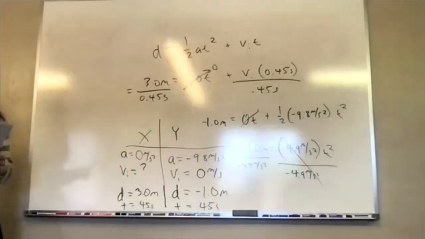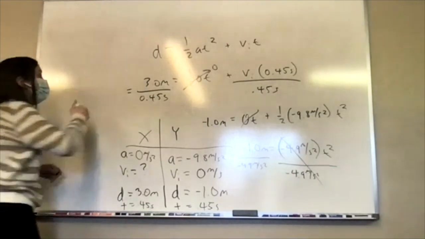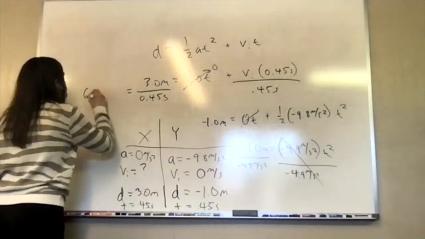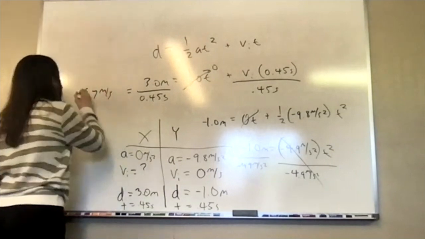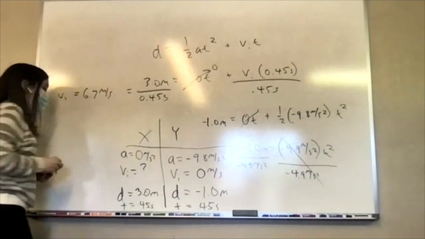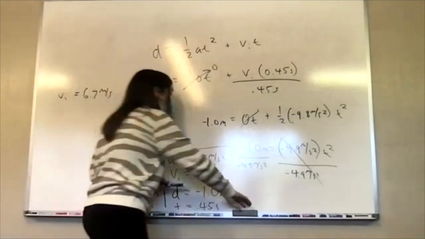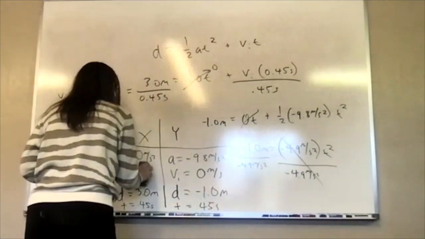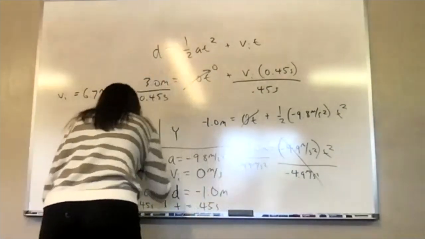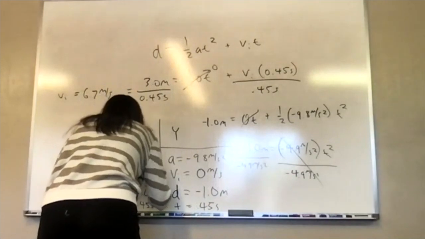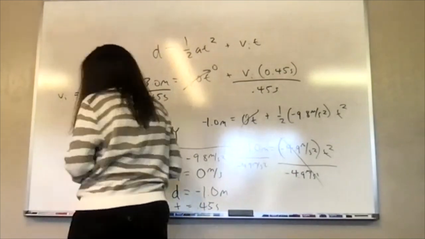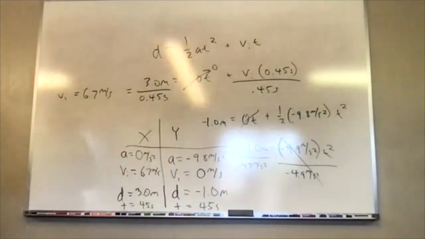And that gives us the initial velocity. We get 6.7 meters per second. So that goes in for the x dimension now. So that's for part B.